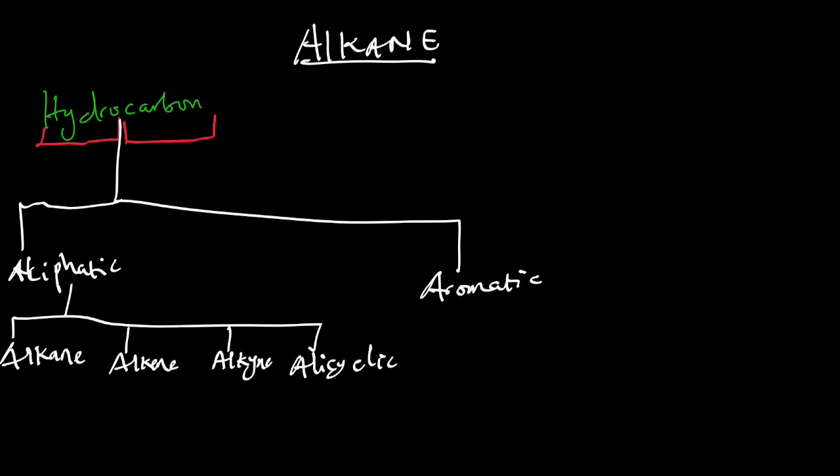Let me just spell it well, sorry. Alicyclic. I'm sure you're familiar with these three, but the alicyclic is also very easy to understand. It comes from two words merged together: cyclic and aliphatic. So this last part, alicyclic, talks about the cyclic form of alkane, the cyclic form of alkene, the cyclic form of alkyne. So that's exactly what it's talking about.